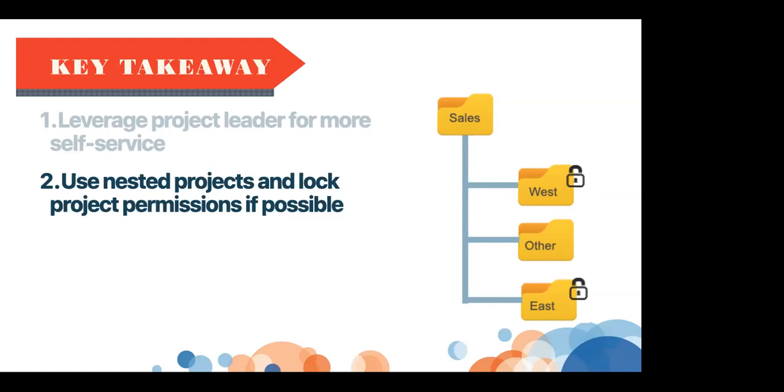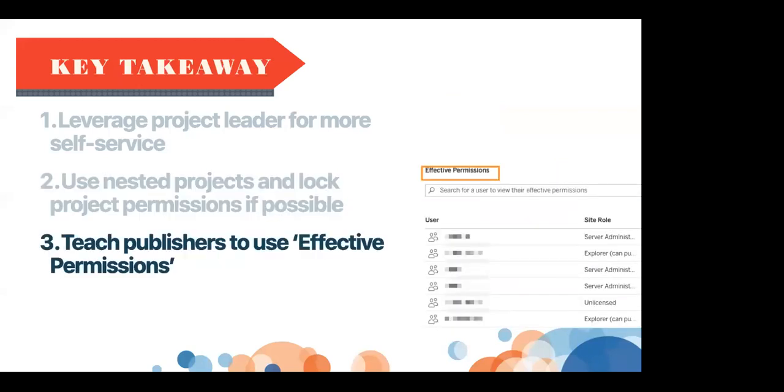Number 2, use nested projects and the lock project permission wherever possible. Now it's super flexible, very, very easy to use. Third, the effective permission is very useful, especially with the site role there. And teach your publishers to use effective filters, effective permissions.